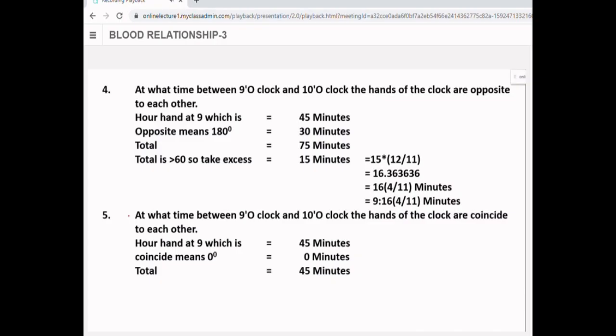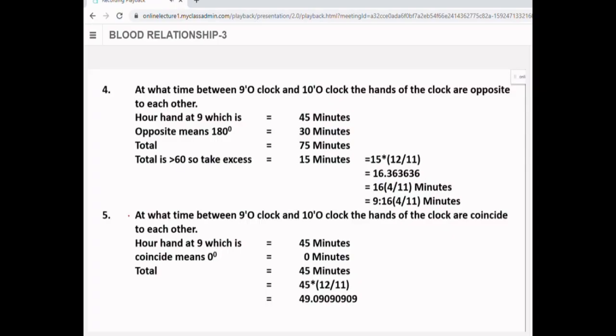So total is 45. Once total is 45, what do we do? The same thing: 45 multiplied by that magic number, 12 upon 11. Yes, Nick, correct. So it is 49.0909090909.